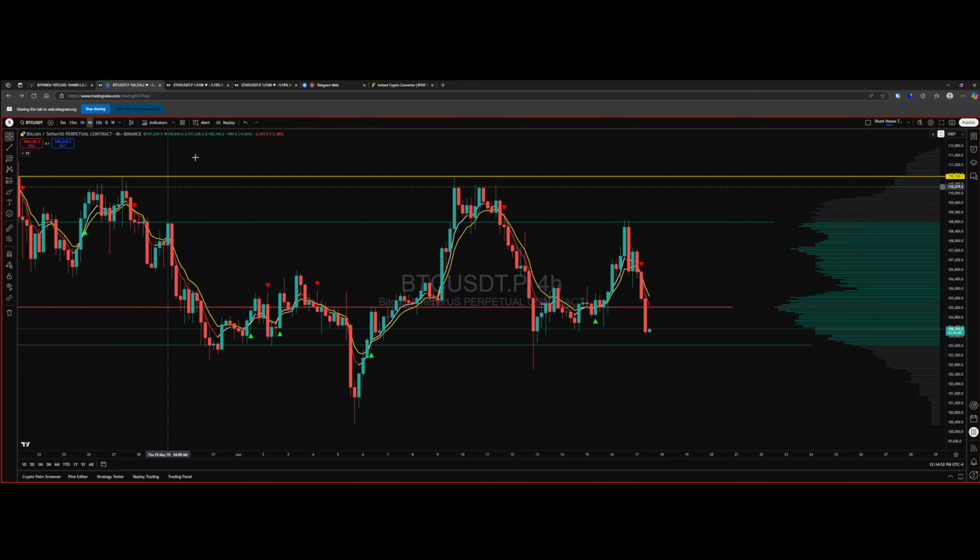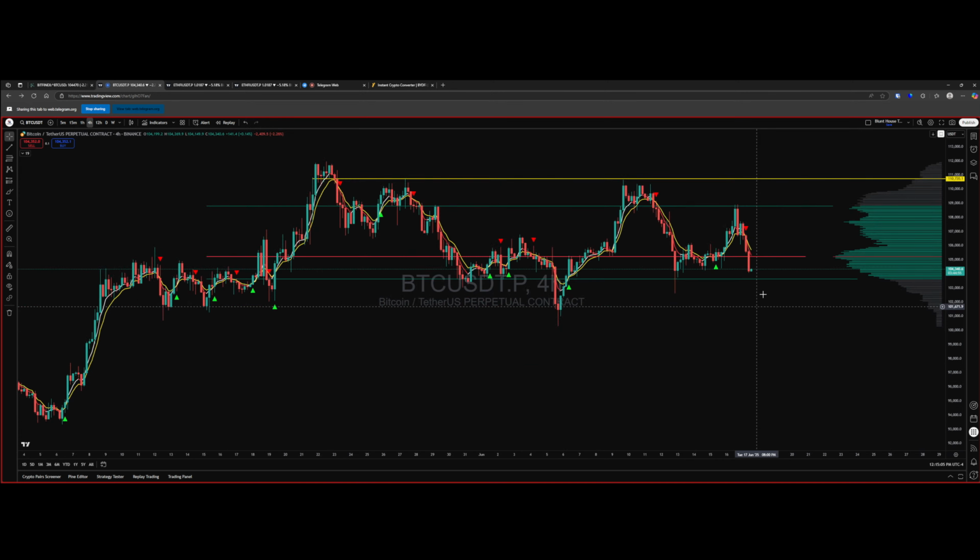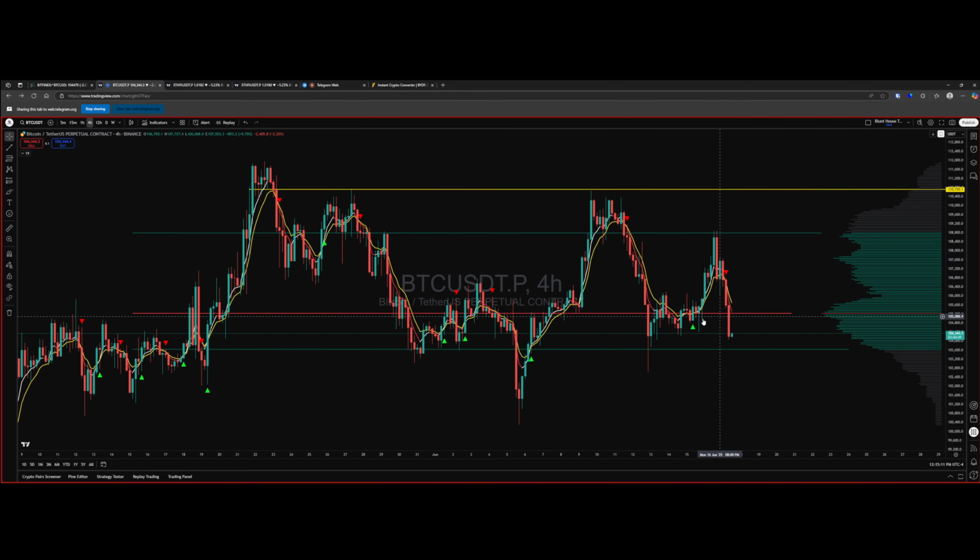The green area is what they call a value range. This thin green line is the upper value range. The thin green line down here is the lower. The red is the point of control, which is just basically averaging out what you see on your chart there and giving you this level.